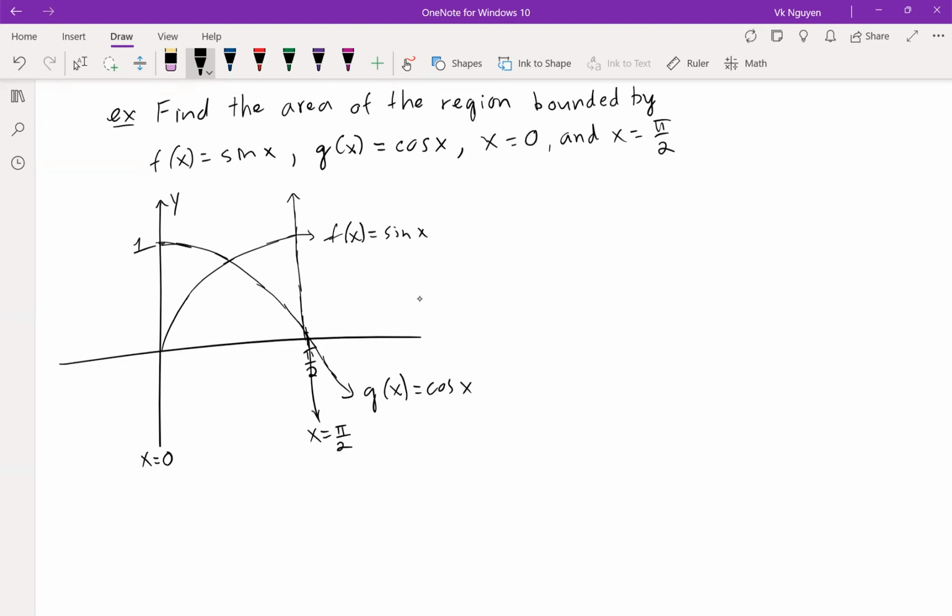So as you can see, the region bounded by the curves is this one and this one. I'm gonna call them A1 and A2.